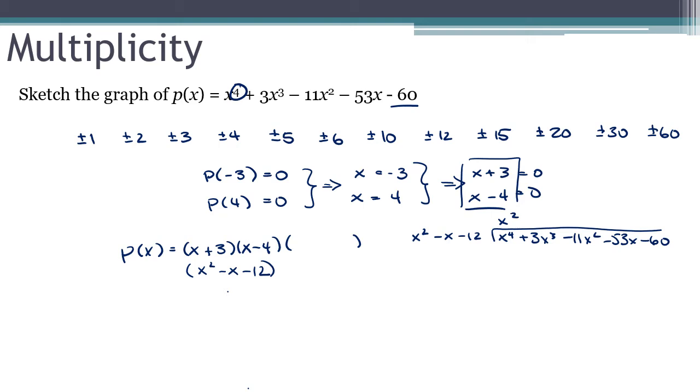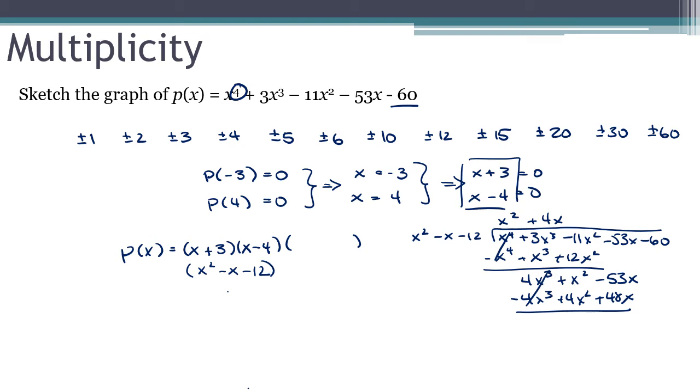Right, so I'll do x squared, that's x to the 4th, minus x cubed, minus 12x, and we're going to subtract that, and we get, let's see, 4x cubed plus x squared minus 53x. So then I'll do a plus 4x up here, and that's looking good so far. 4x cubed minus 4x squared minus 48x, and then we're going to subtract.